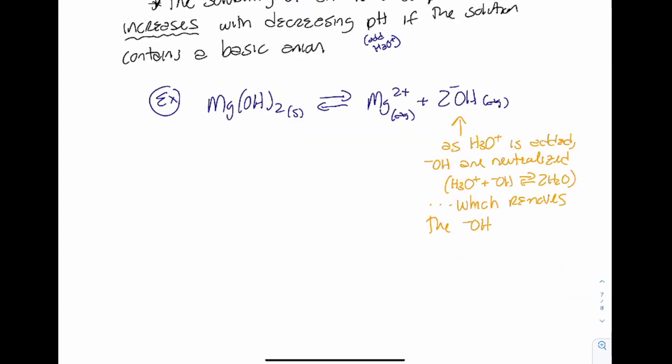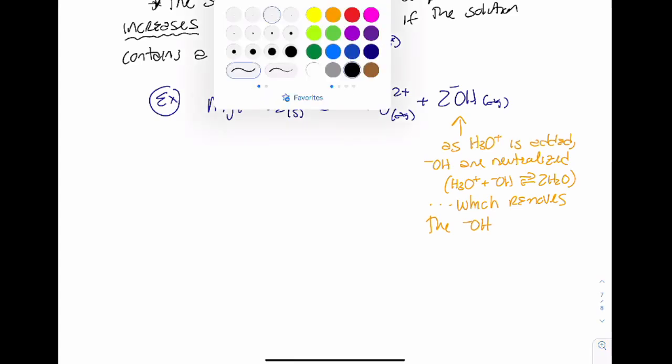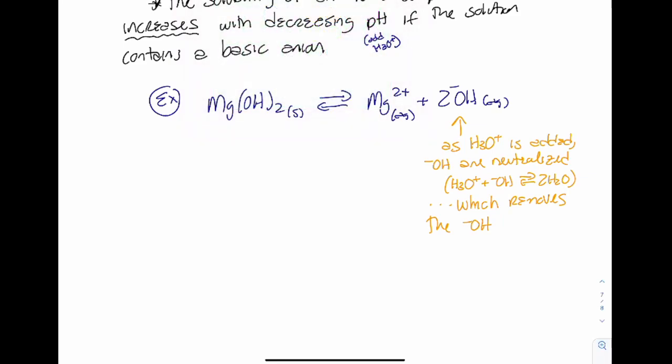I do want to quickly talk about, I had said with a pH less than 10.45, and that's specifically for this example. And I just kind of as a side note want to go through why that number, just because I want us to start thinking about everything that we've learned and how I'm getting that. So my KSP for magnesium hydroxide is 1.2 times 10 to the negative 11th.